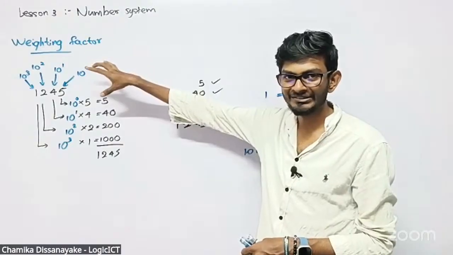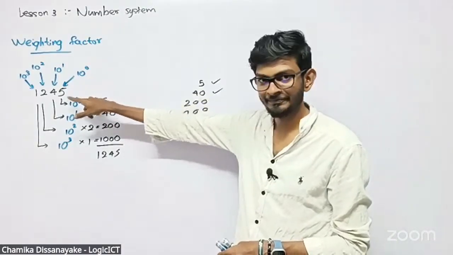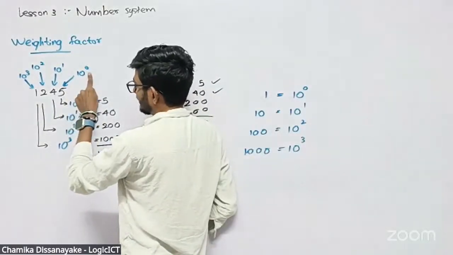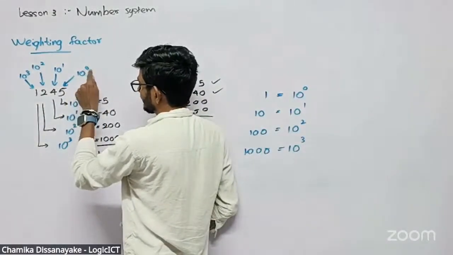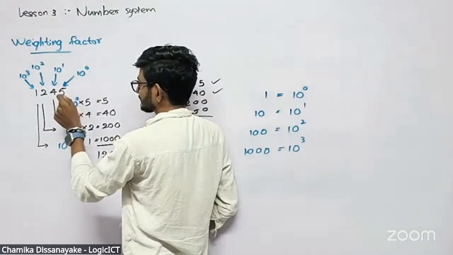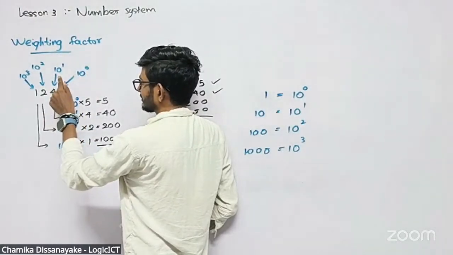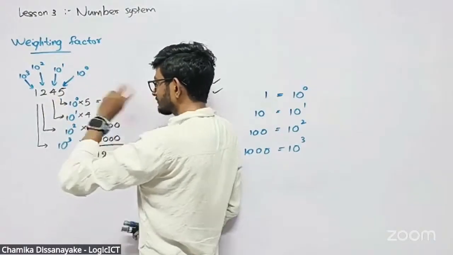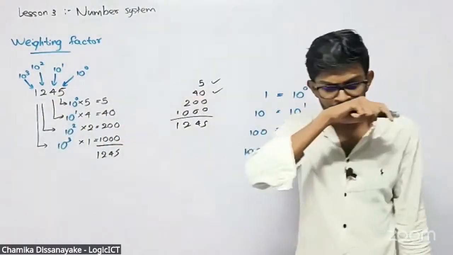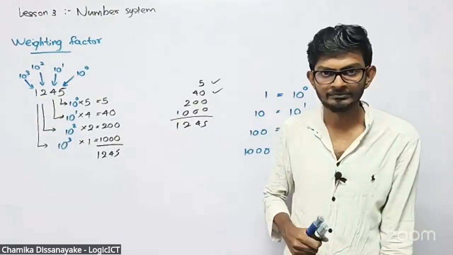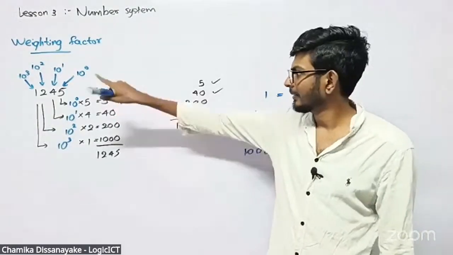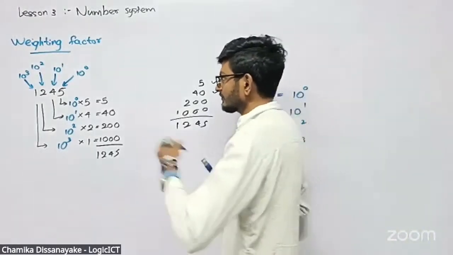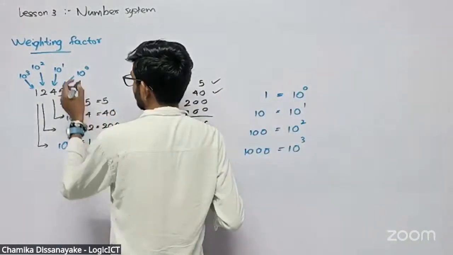In the decimal number system, when we write a number, it is made by 10 to the power 0 value multiplied by this digit, then 10 to the power 1 value multiplied by this digit. Likewise, there is a power number, and we call this power number the weighting factor.